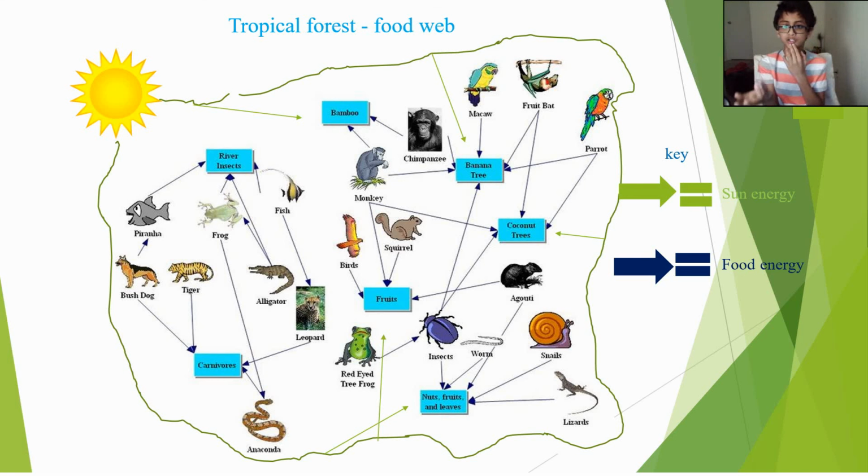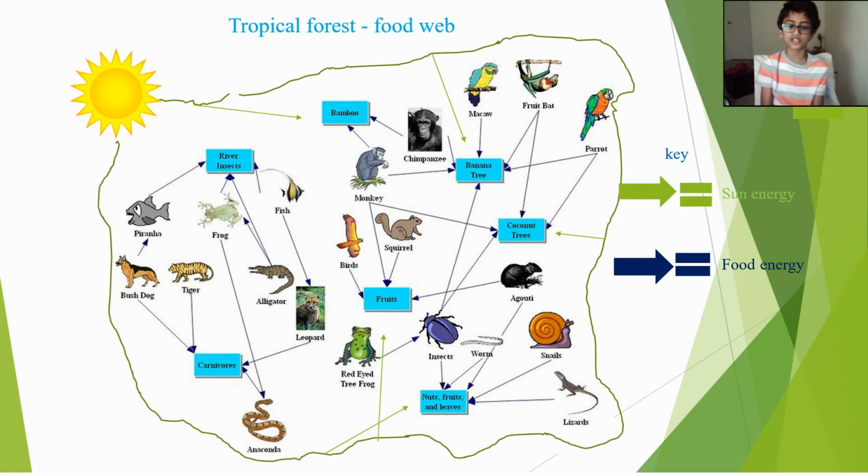So the sun energy, the green arrows, point to all the plants like coconut trees, bamboo, nuts, fruits, and leaves. Then other animals eat it, like chimpanzees to banana tree, monkeys to banana tree, monkeys to bamboo, chimpanzees to bamboo, macaw, fruit bat, parrot eats coconut trees, macaw banana trees, fruit bat eats banana trees. So there are many things like that.